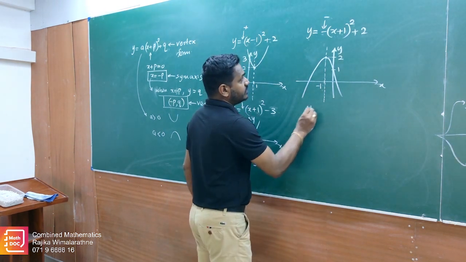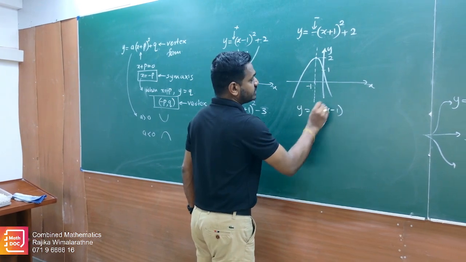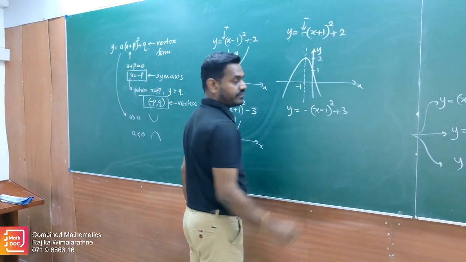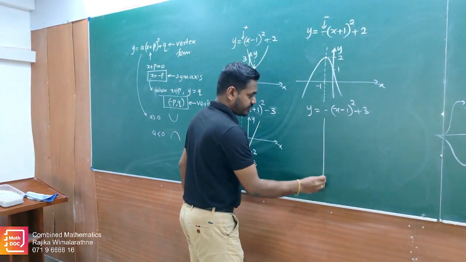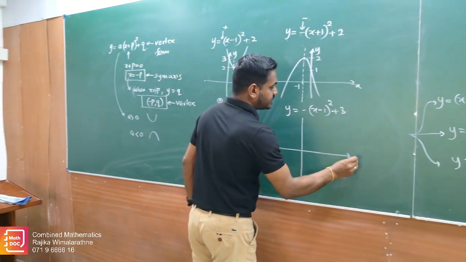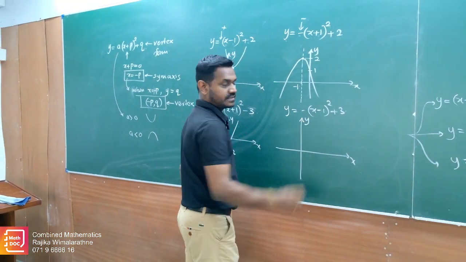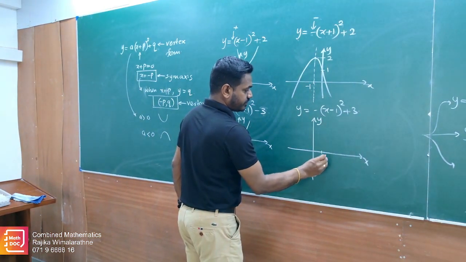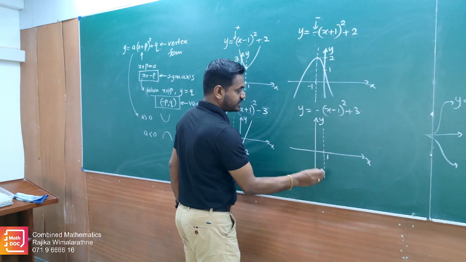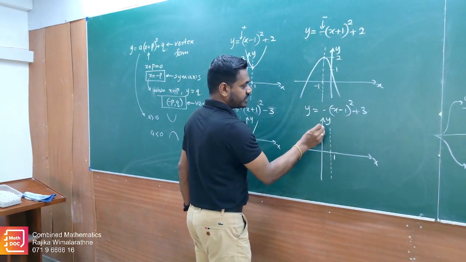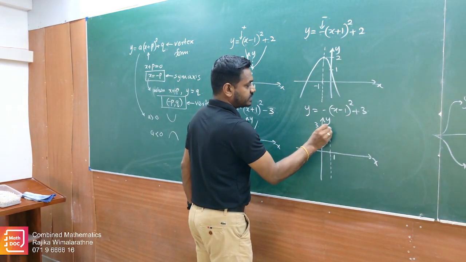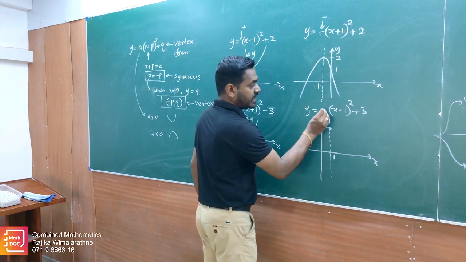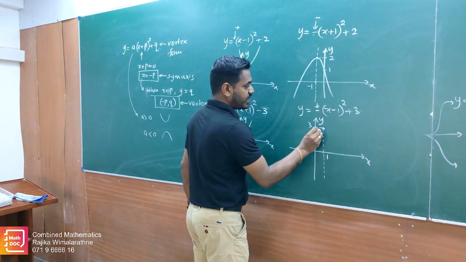Then y equals minus (x minus 1) squared plus 3. Let's get it. Then the x-axis, y-axis. Here the zero value we say is 1, the symmetrical axis, the corresponding y value is 3. This is the vertex. Here the leading term is negative, therefore a maximum shape.